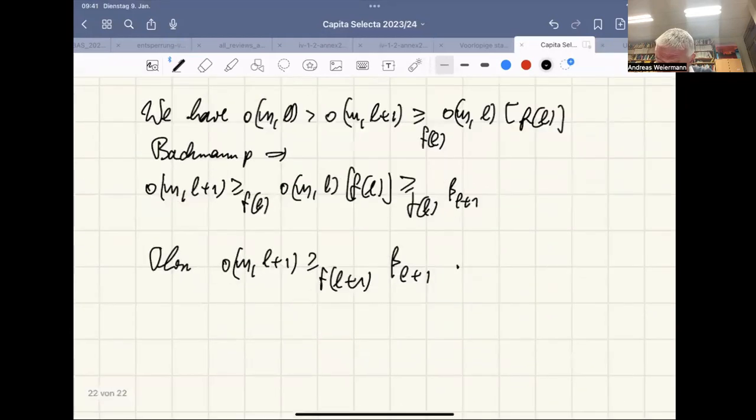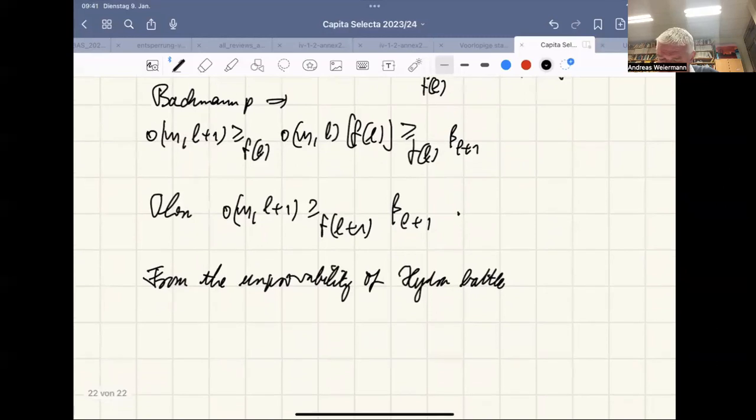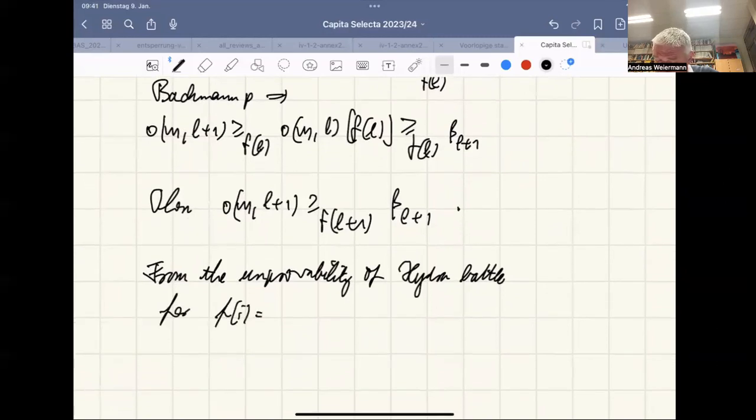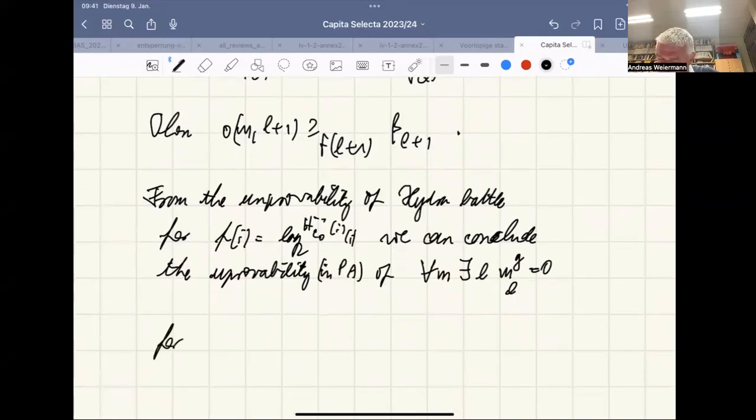Okay, now from the unprovability of the Hydra battle, for f of I equal to log 2 h epsilon 0 inverse of I, we can conclude the unprovability in PA of the statement for all m there exists L such that m L g hits 0, for a function growing slightly faster than f.